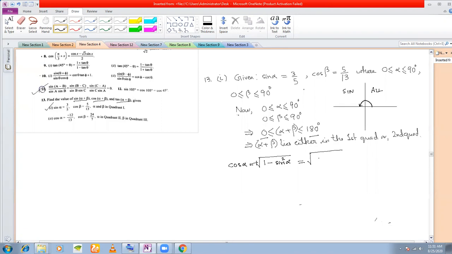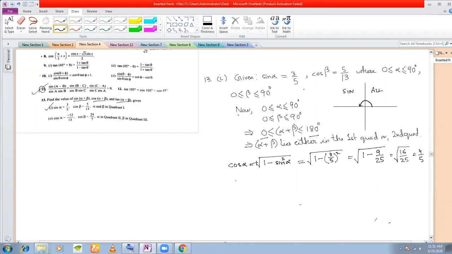Root over of 1 minus 3 by 5 square, root 1 minus 9 by 25, which is root 16 by 25, which is equal to 4 by 5. So this is my cos alpha.